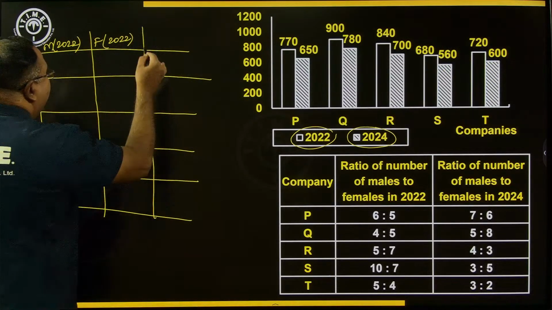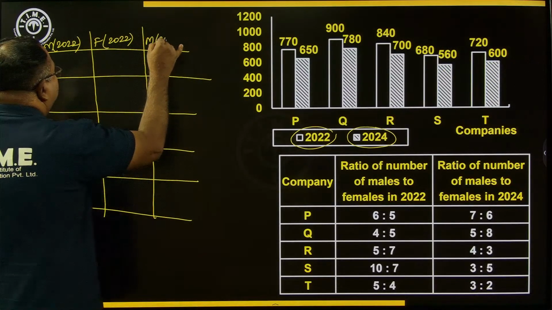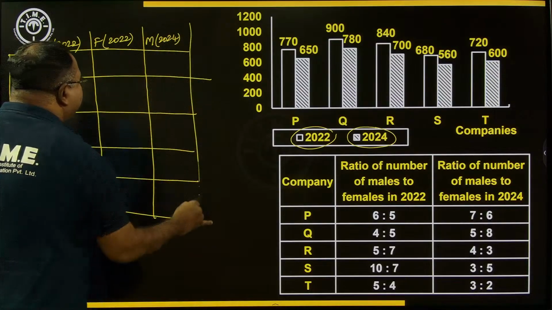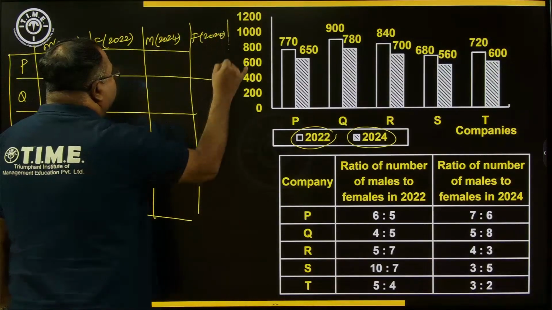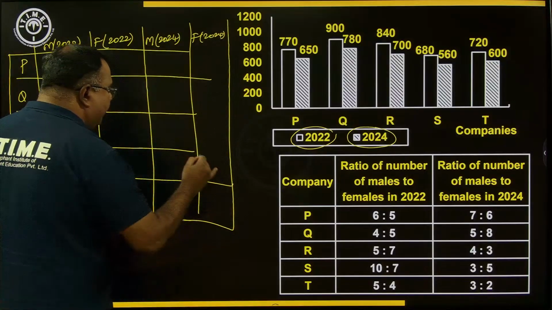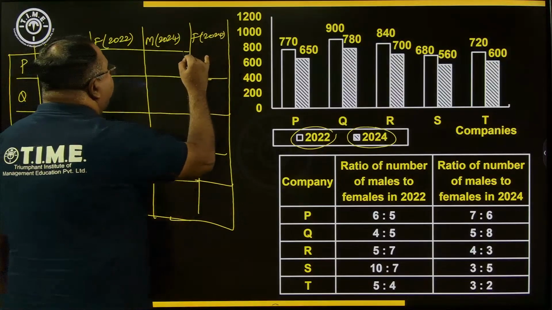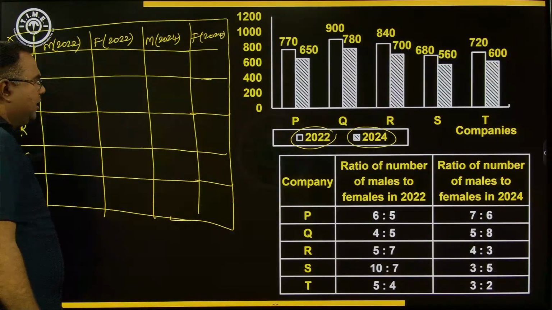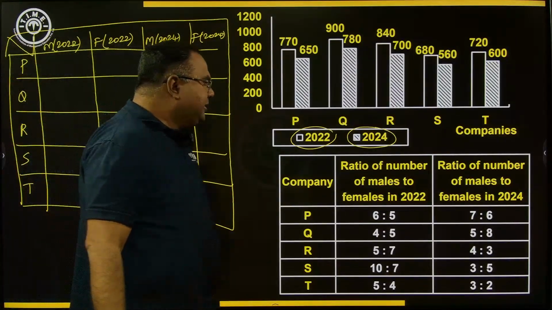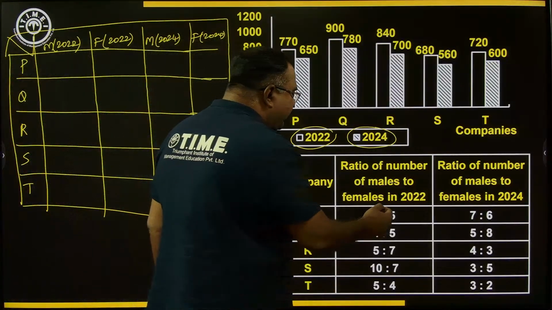I'm writing roughly. And males in 2024. Let me take females in 2024. That's all. Right, let's start this. 6:5. Let me first finish off 2022.